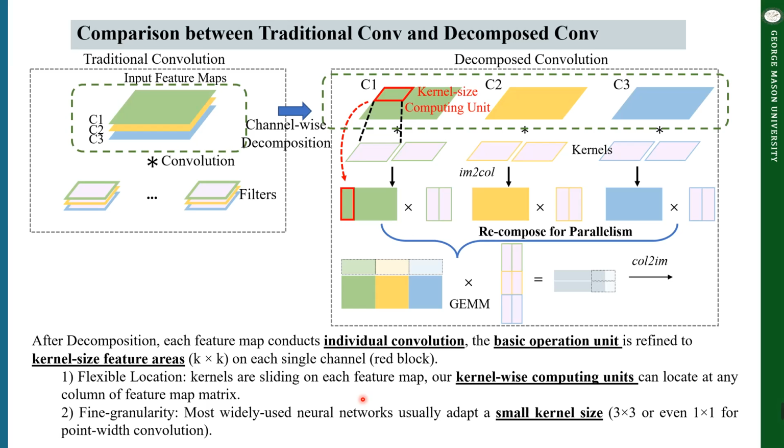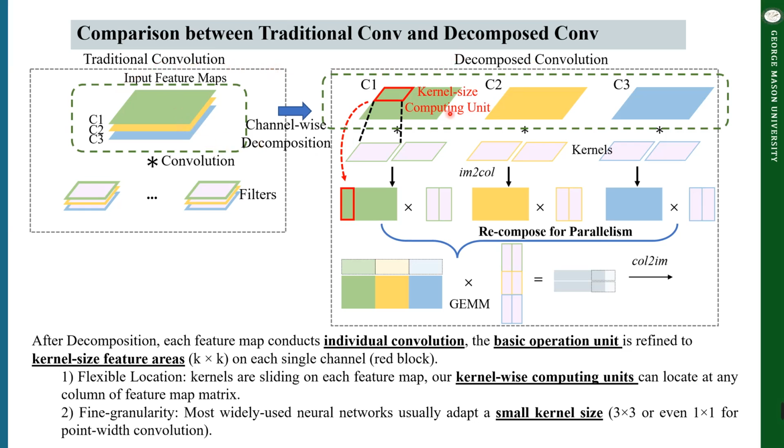So we first propose the decomposed convolution. The left picture shows the traditional feature map convolution operation, which is filter based. We can see each filter will interact with all the feature maps at the same time to do the convolution operation. We then decompose the convolutions channel-wise.